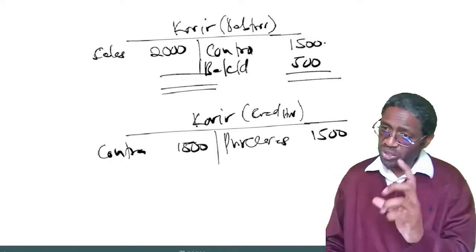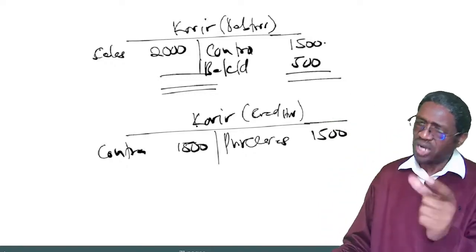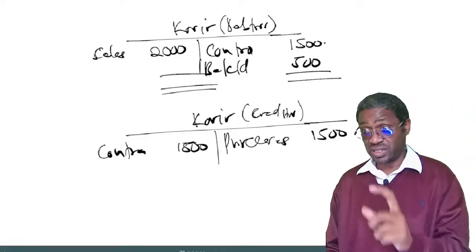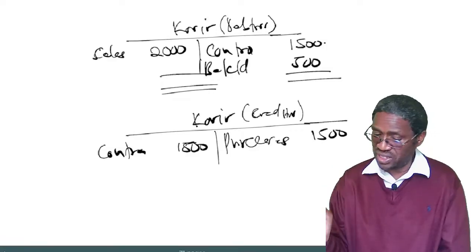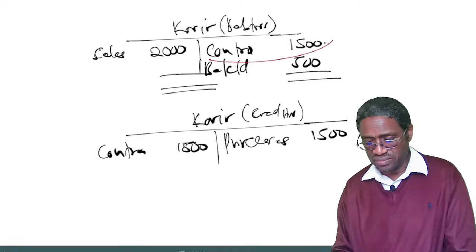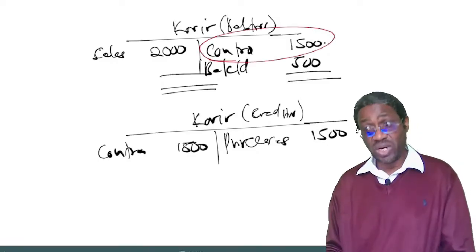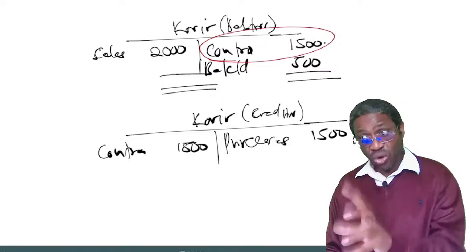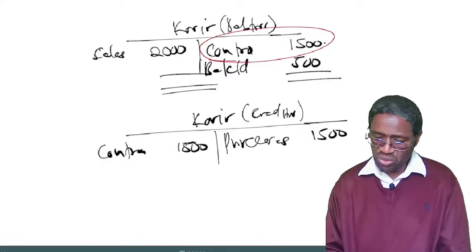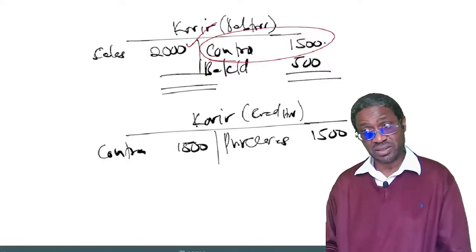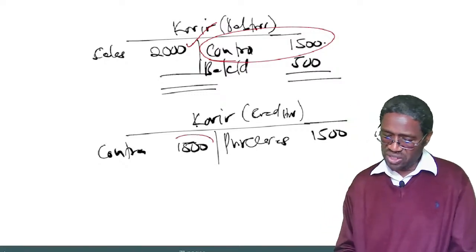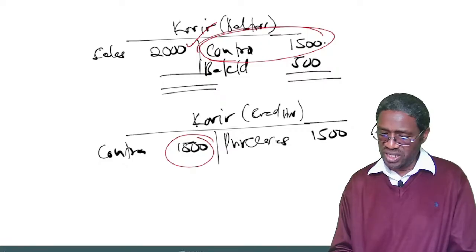Okay? But the point I'm trying to say is, when one person is a debtor at the same time a creditor, you offset. How have we offset? Listen, I've gone to the debtor's account and credited. That's what I want you to see. Because when I sold to Coril as a debtor, I debited. Now that I'm doing a contra, I have to debit creditors, I have to credit debtors.